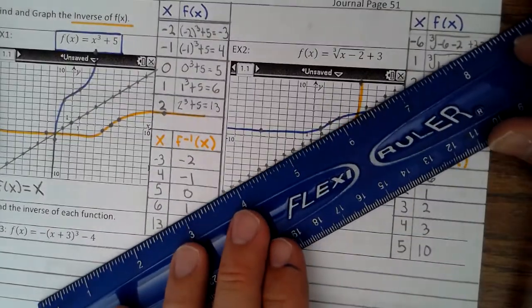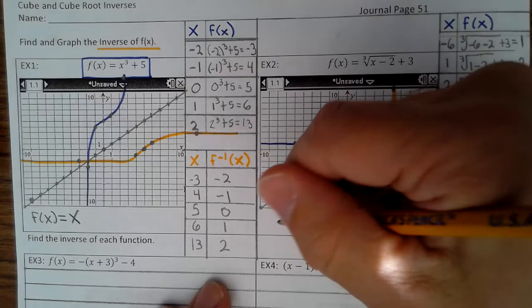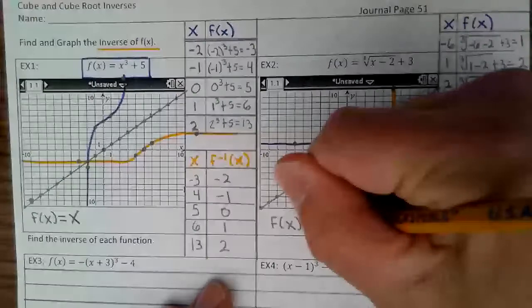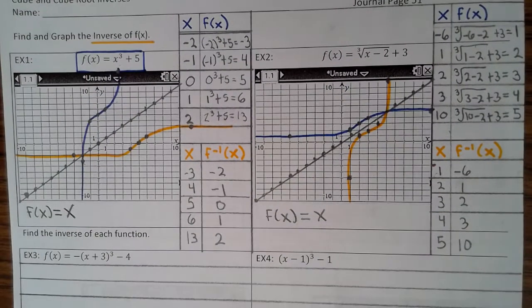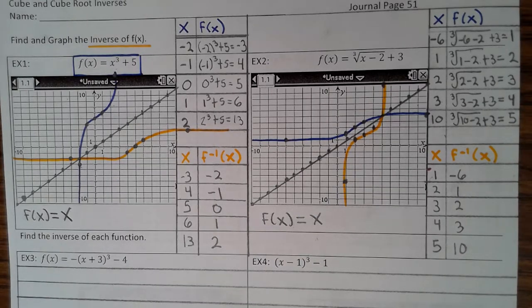Which you can see here. You can see here that they reflect over the f of x equals x line, so they are inverses. Okay, go ahead and finish up example 1 and 2.